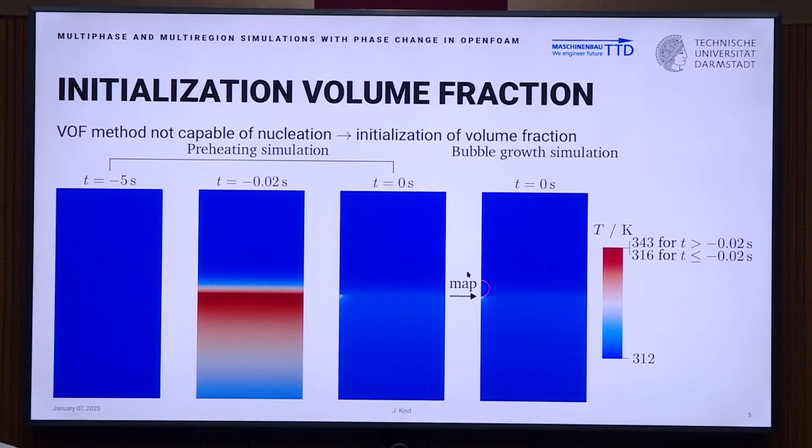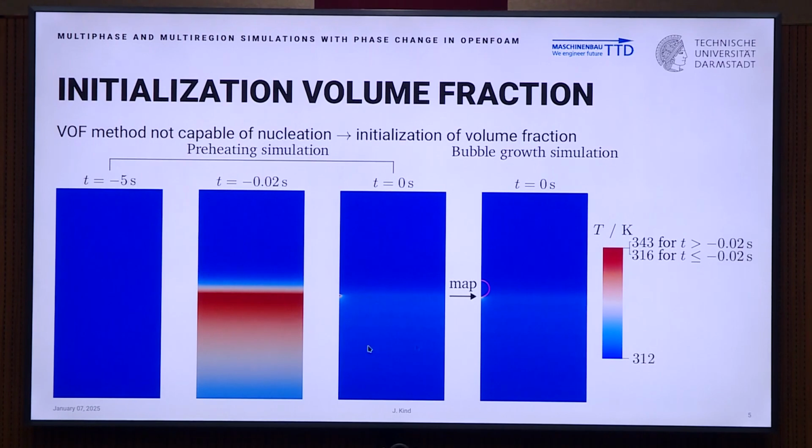On to the initialization of the volume fraction. There is only one multiphase method known to me which can really or approximately model nucleation, and that is the Lattice-Boltzmann method. Don't ask me how, it's not my field of expertise, but research it further if you're interested. All other multiphase methods, we have to give a nucleus or initialize somewhere.